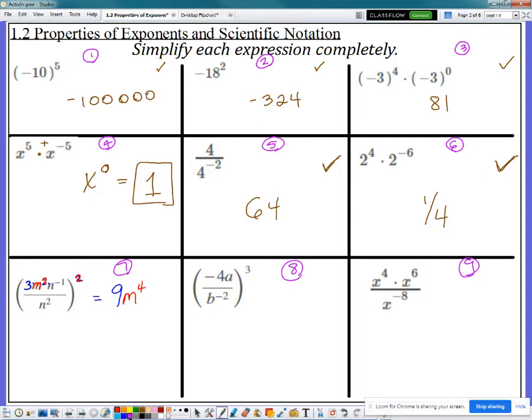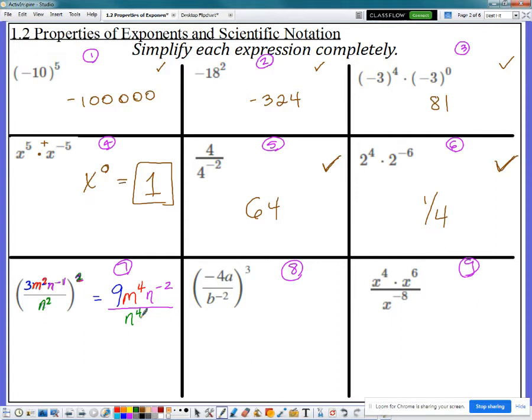And then we can take n to the negative 1, raise that to the 2nd, and you get n to the negative 2. And remember, I'm getting these numbers by just multiplying. 2 times 2 gives you 4. Negative 1 times 2 gives you negative 2. All over n to the 2nd raised to the 2nd. 2 times 2 is 4, so you get n to the 4th.